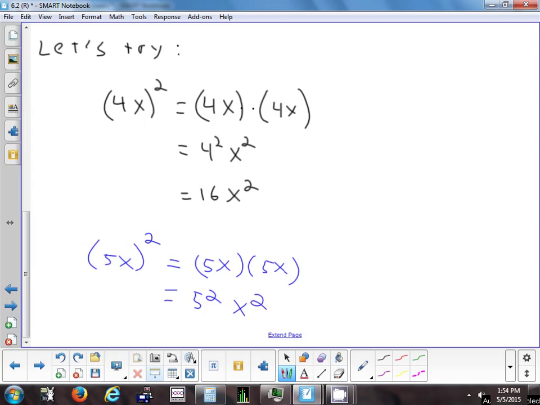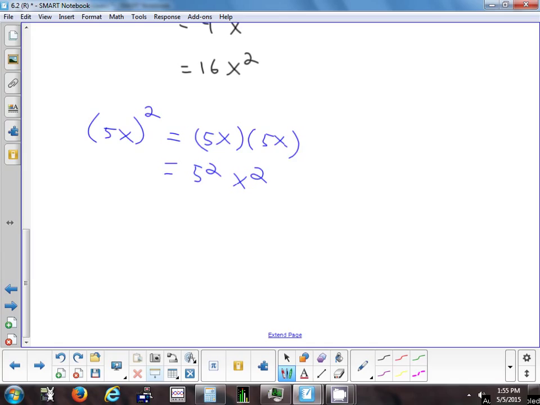Most people are just going to jump right to this step: raise 5 to the second, raise x to the second, and then if there's something you can do out, do it. What's 5 to the second? 25. Wait, are we multiplying the letters together?